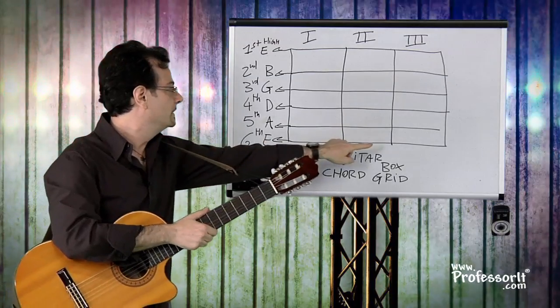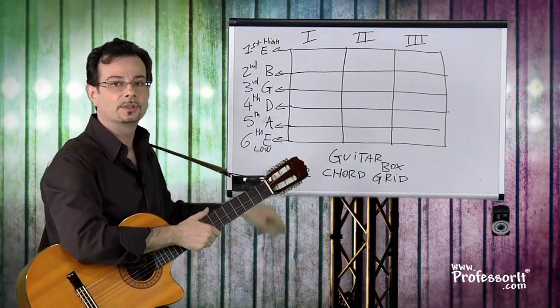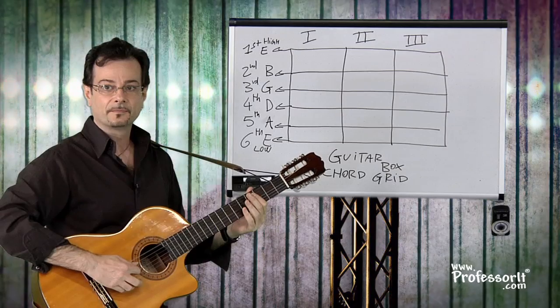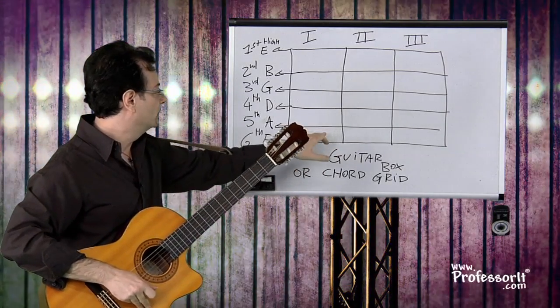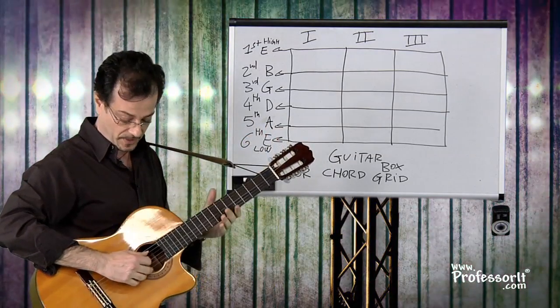The bottom line here is called the low E, or the sixth string of the guitar, which is this. Okay? And then the second line from the bottom up is actually the fifth string, or the A string. Here it is.